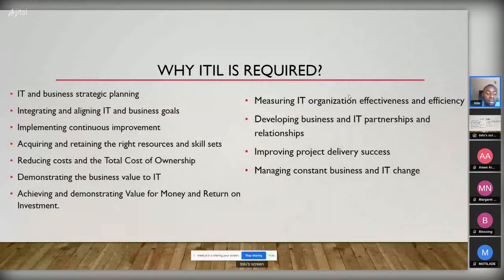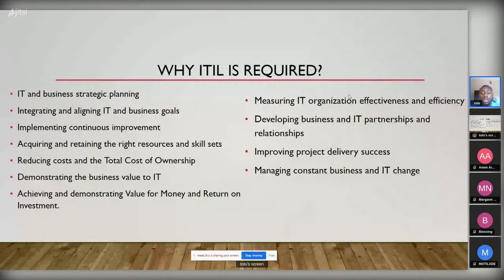Acquiring and retaining the total resources and skill sets, reducing cost and total cost of ownership, demonstrating the business value of IT, achieving demonstrable value for money and return on investment, measuring IT organization effectiveness and efficiency, developing business and IT partnership and relationship, improving project delivery success, managing constant business and IT changes.